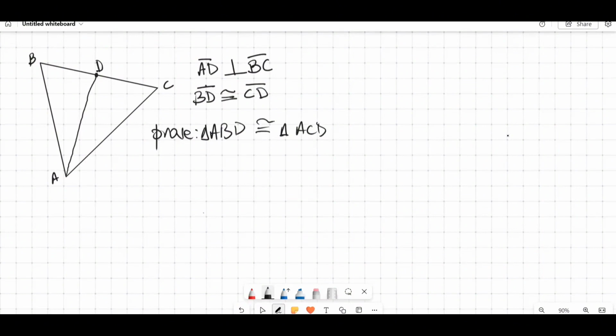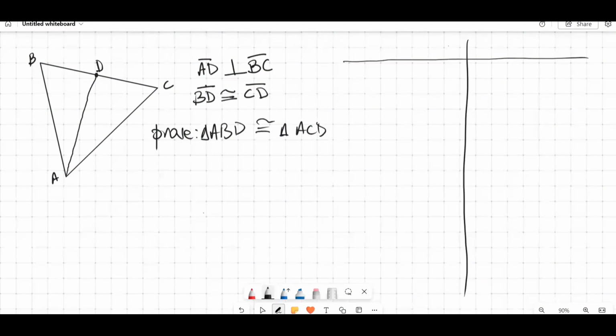So let us drop our two columns. We'll be using our two-column proof, and we're going to put our statements here and the reasons right here.